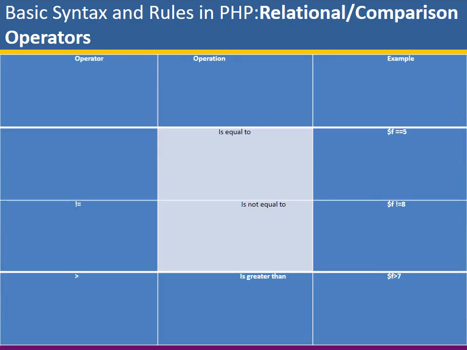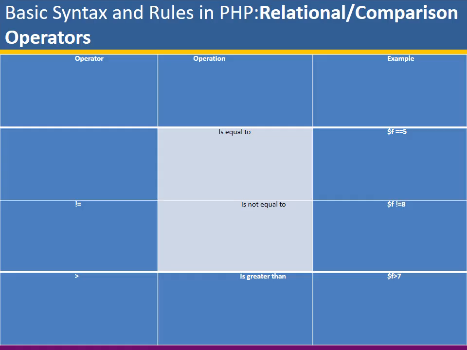Another operator is the relational or comparison operator, using the is equal to operation, the double equal sign, which you can see in the example there. We have the is not equal to operation, with the example.